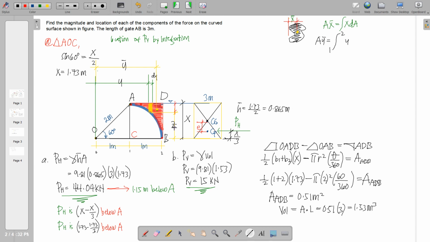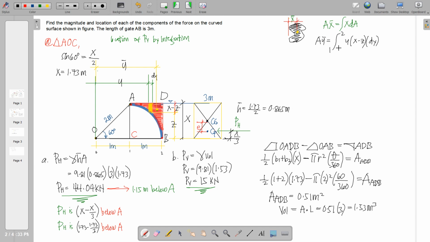So this distance is x minus z, wherein x is 1.73. So we place x minus z, and then the base is dy. Base times height is just dy times x minus z. So this is the area of this differential element.